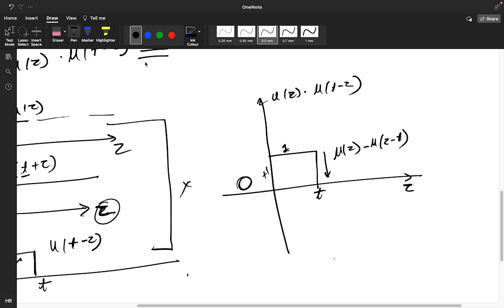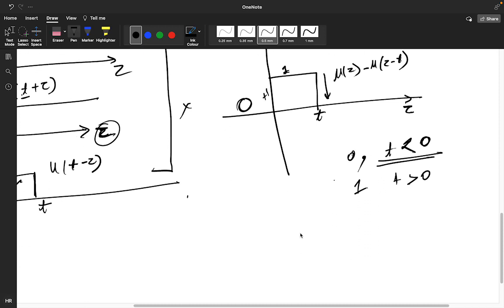So what is the meaning of this? When your t is lesser than 0 you are getting 0, and when your t is greater than 0 you are getting 1. So this is my t.